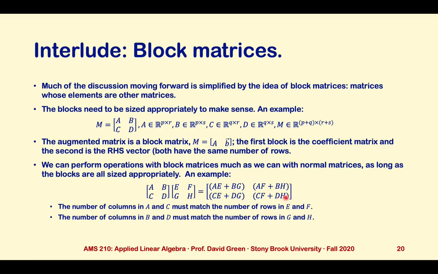But as long as we're careful about sizing, block matrices can really simplify the amount of writing, the amount of algebra we need to do to manipulate matrices. We are typically going to be using very simple block matrices, very often row block matrices like the augmented matrix, where we only have matrices aligned along a row.